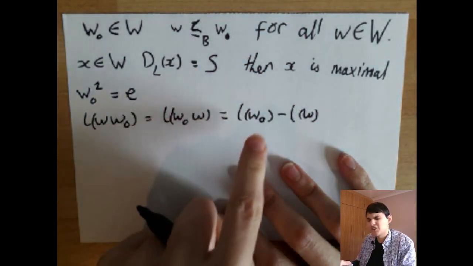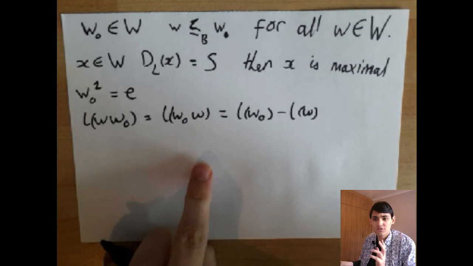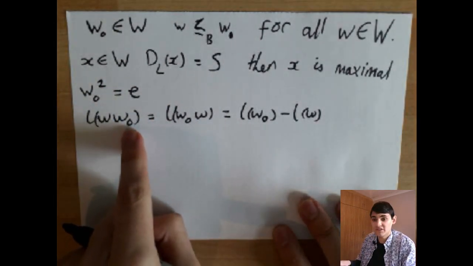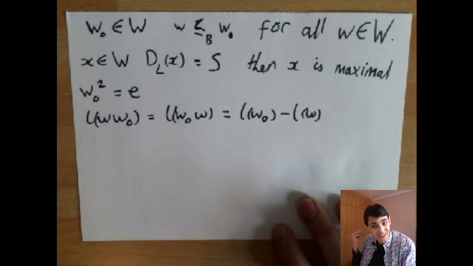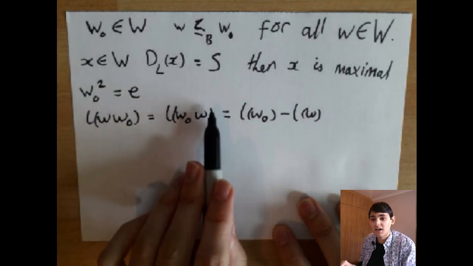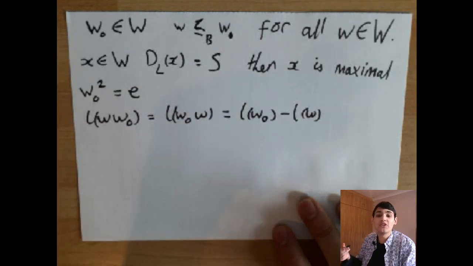You can picture why this is true: W0 is the maximal element, so it's got the longest length, and if you multiply it by anything else, you're going to shorten it by whatever that element's length is.